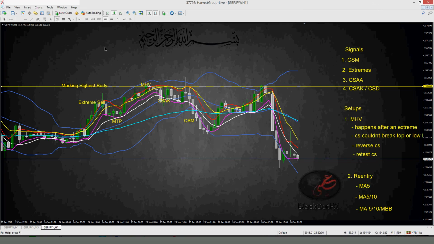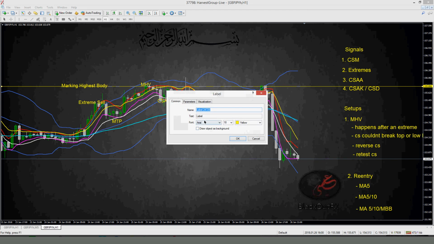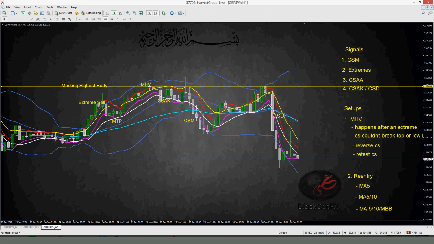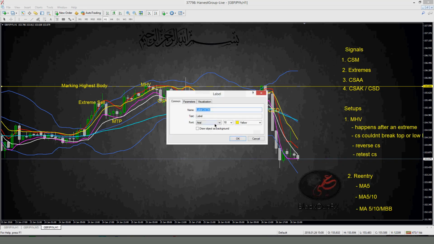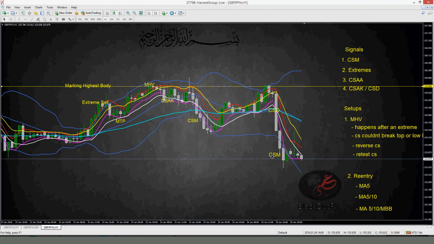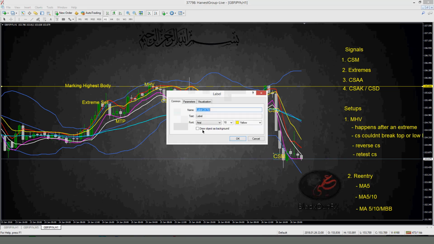So over here, we have candlestick direction, and then we have CSM. As I said earlier on, CSM is a signal of market strength, a candle that closes outside of the Bollinger band, and every first CSM will create a re-entry.